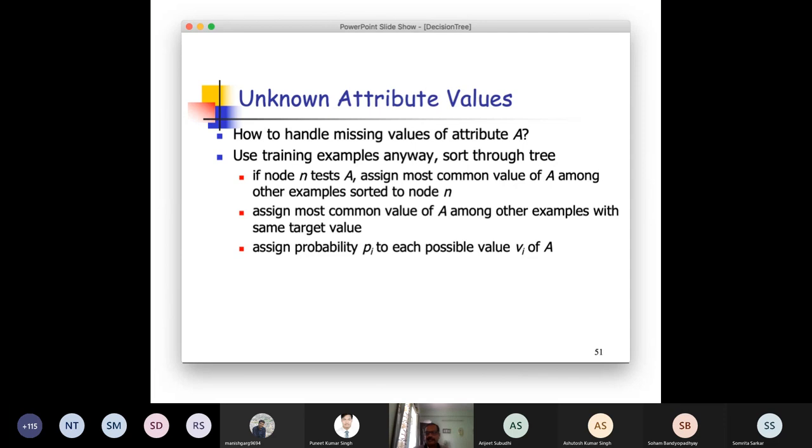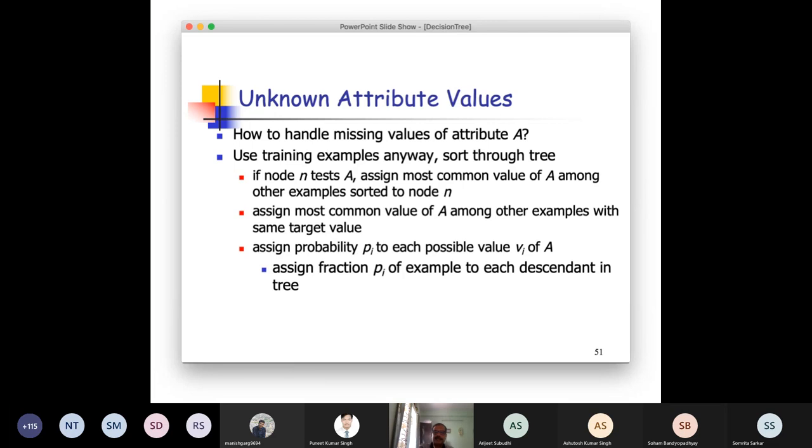The third one is that you randomly assign a value, but according to a probability distribution. Earlier you were only considering the most frequent value, but now you consider a probability distribution, and according to that distribution, with certain probability, you assign a value here.